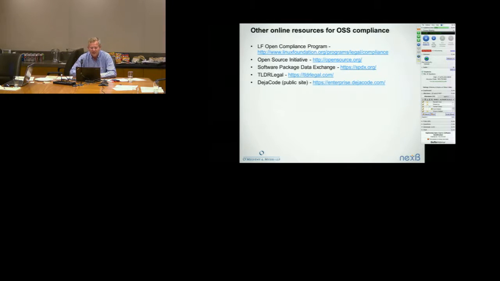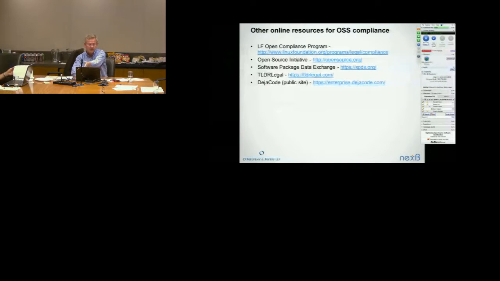TLDR Legal is a website with more of a social angle on licenses, where people discuss the different licenses and terms of service, and collaboratively try to distill the essence of these terms so they're easier to consume from a developer perspective.